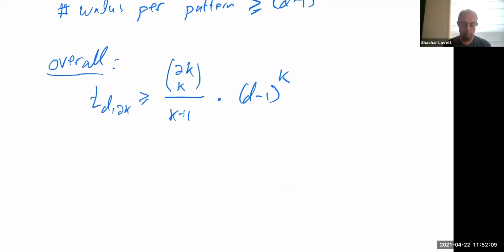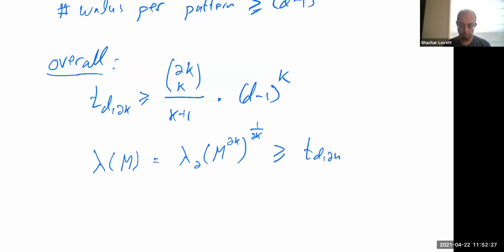And we know that lambda of n, which is lambda_2 of m to the 2k, to the power 1 over 2k, is going to be at least this number to the 1 over 2k. So now we just have to do the calculation and see what bound we get.